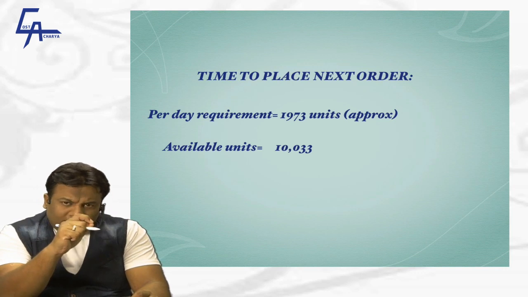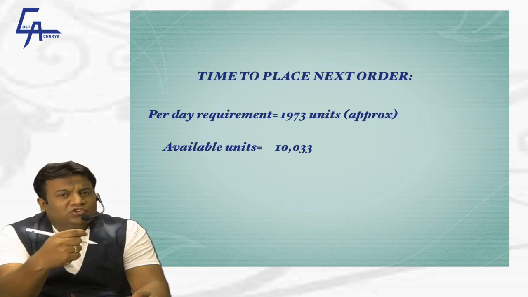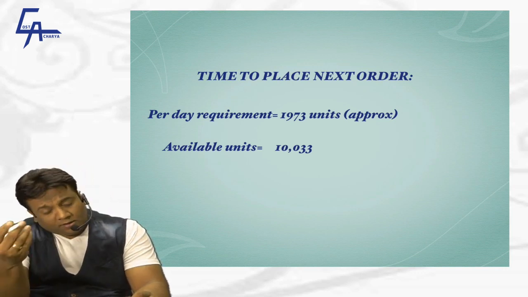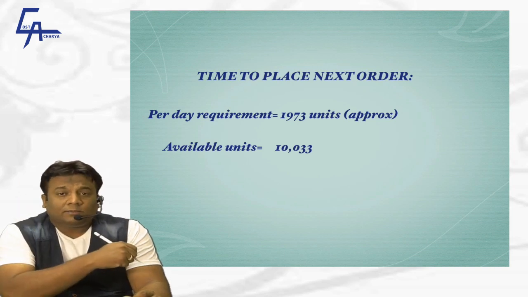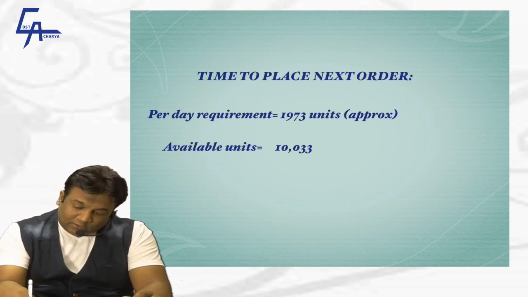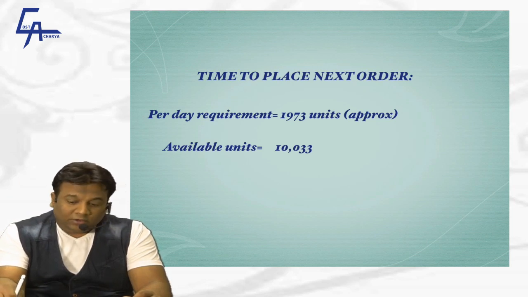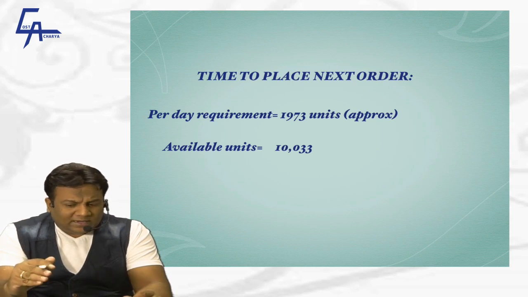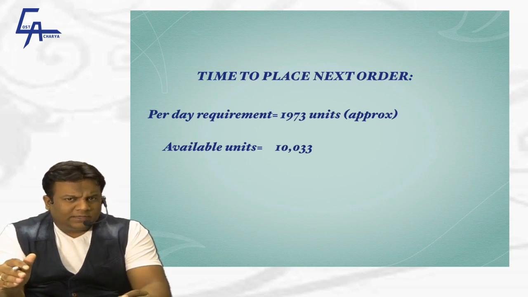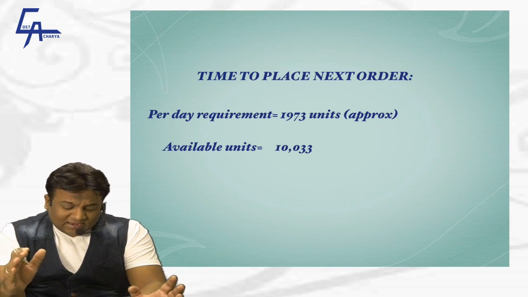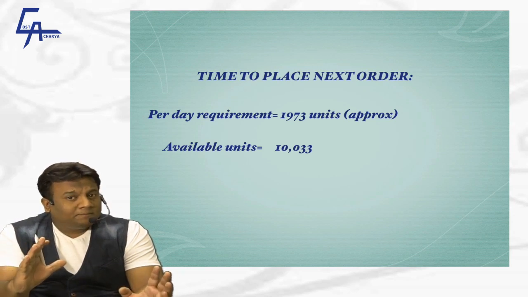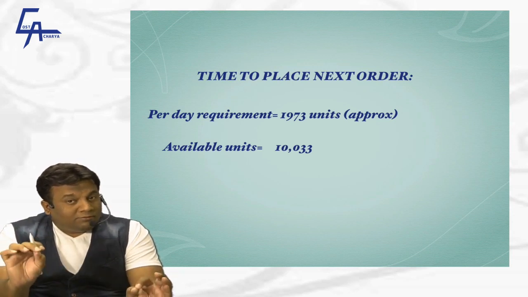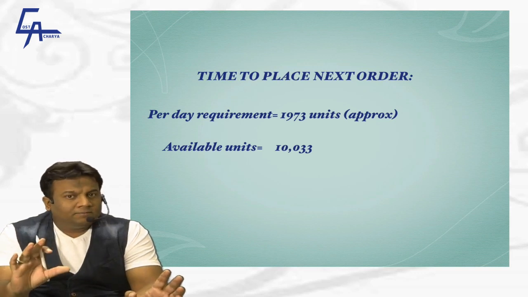So we have the units that will be sufficient for how many days consumption? Just calculate that. How to do that? 10,033 divided by 1973. Okay. So if you do that, you will get 5.085. So approximately we can say that we have 5 days requirement, right? Only 5 days requirement is available with us.